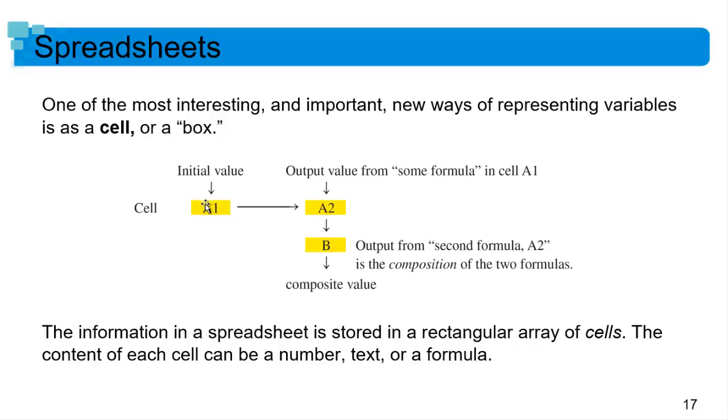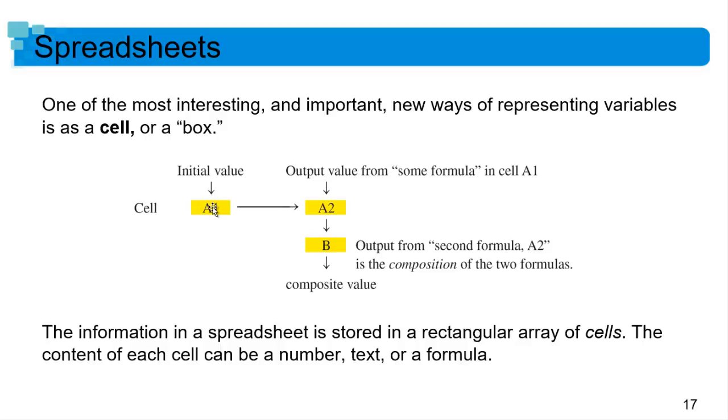So if you have something in the A1 cell, basically the upper left-hand corner, then over in your A2 cell, you can type some sort of formula that's going to act on whatever value you type into A1, and it'll give you a new output. And then you can have another formula over in some other cell that's going to act on what's happening in A2.